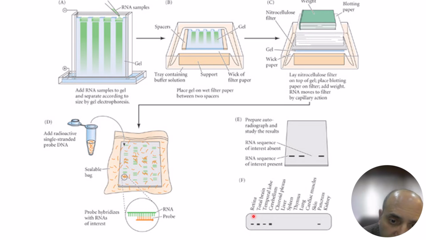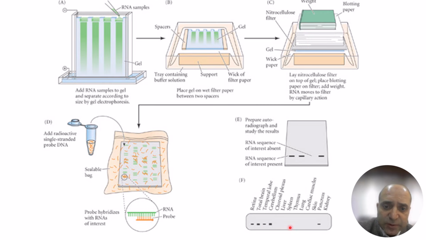Number 2 is total brain. Let's look at number 4, cerebellum. So what do we see in here? We see that the gene is expressed in these different tissues. The band right here is more intense than the band nearby, which means that cerebellum expresses more of this gene than the temporal lobe.